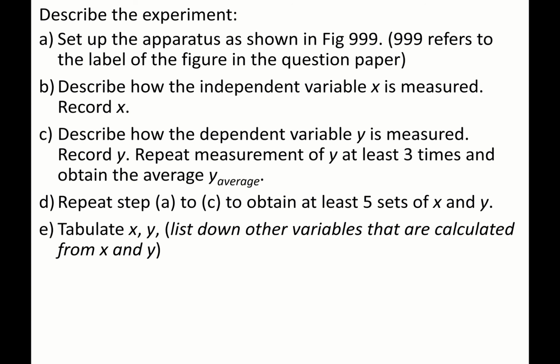And then you have to describe briefly how the independent variable x is measured. Okay, and then state record x. And then the next step, describe how the dependent variable y is measured. So every time you change x, you have to measure y. Then you need to record y and repeat the measurement at least 3 times to obtain the average value of y.